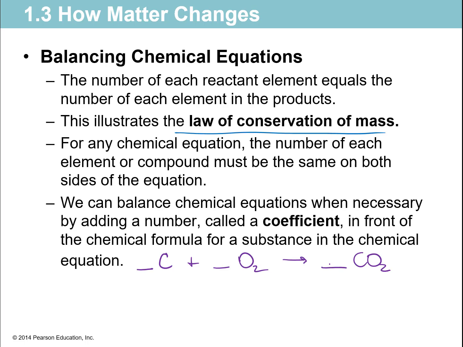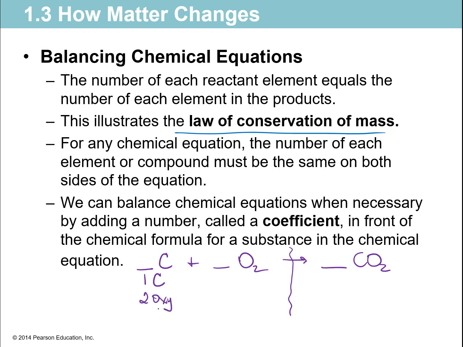So the steps that I do when I balance an equation is I list the number of atoms per formula first. So over on the reactant side, if I have C, that means I just have one carbon. So from the formula, if it's just C, that's one carbon. I have O2 though, which tells me that I have 2 oxygen.